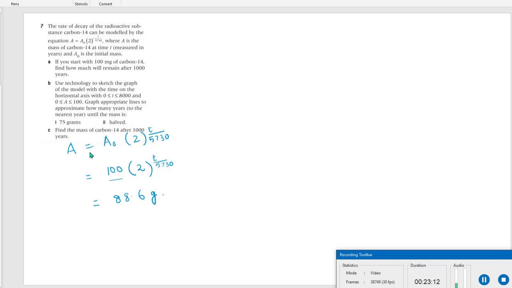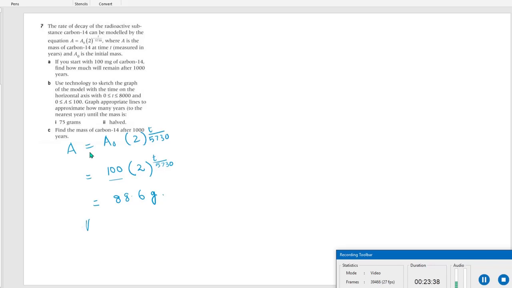Using technology, we can sketch the graph from 0 to 100, and graph appropriate lines to approximate how many years there are until the mass is 75 grams. Putting A is equal to 75, we can find T. And half means 50. So putting A is equal to 50, we can find T. And find the mass of carbon after 1000 years.